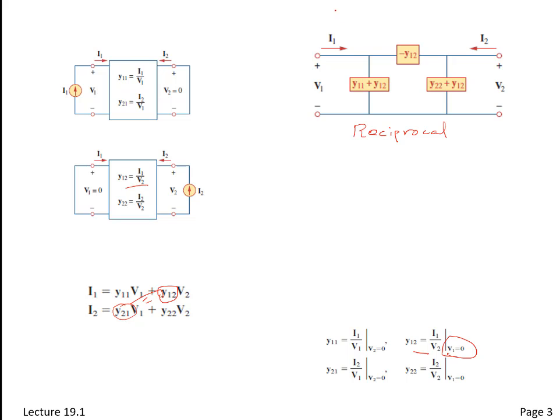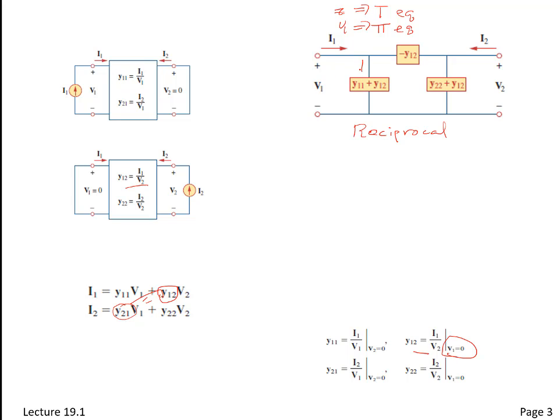There's the two types. For the z parameters, we went with the T equivalent. For the y parameters, we're going with what we call the pi equivalent because it looks like the character pi. Okay? Now, similar to the z parameters, we could do some quick calculations here.